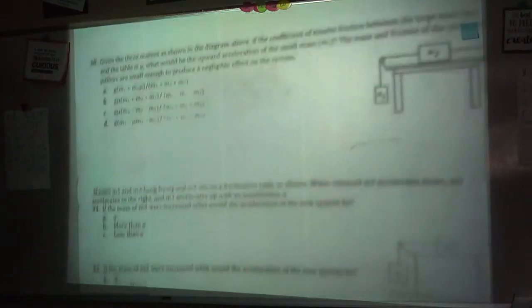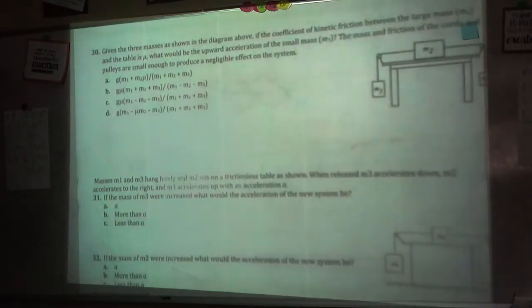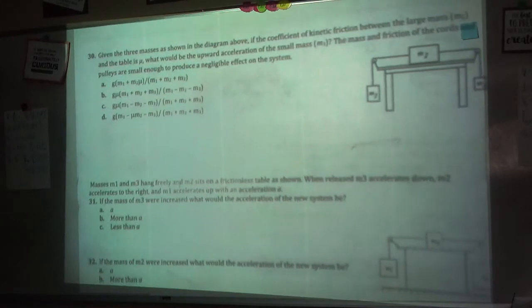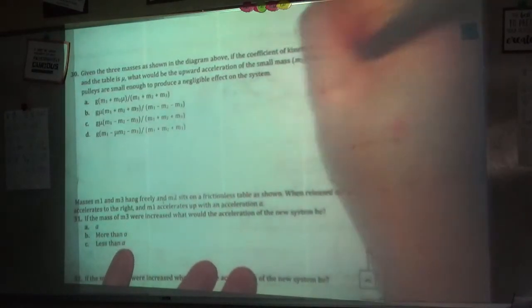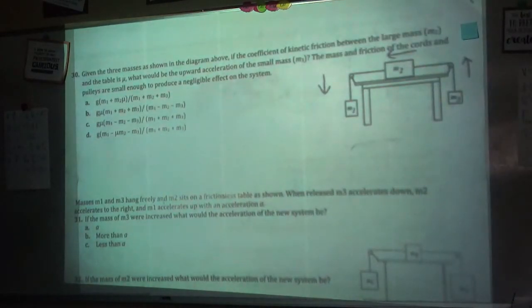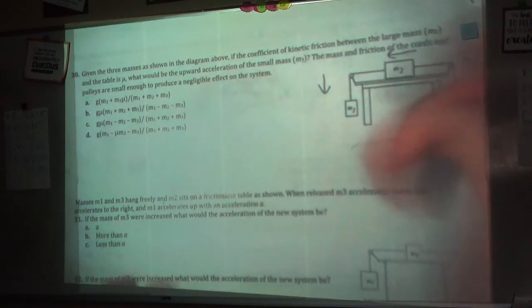Last page, thank goodness. I have 3 masses. The coefficient of kinetic friction is mu. What would be the upward acceleration of mass 3? So that tells me that it accelerates this way. And the mass and friction of the cords are small enough to produce a negligible effect. So draw your free body diagram.